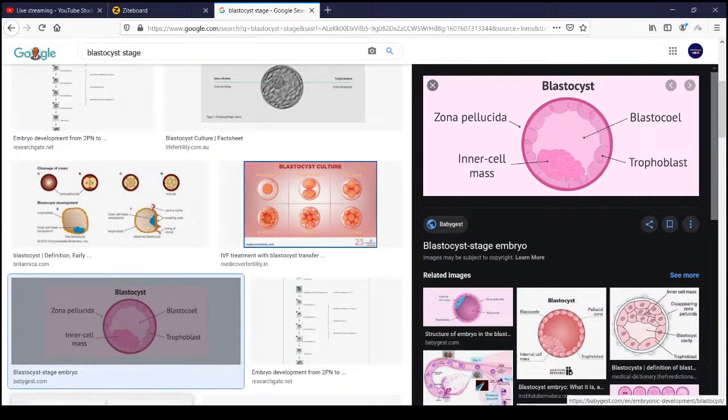Now, the appearance of the two cell types reflects major organizational changes that have occurred within the embryo, and it also represents the specialization of the blastomeres into two distinct cell lineages, because these are different cell types.